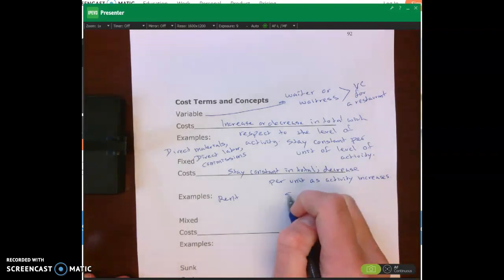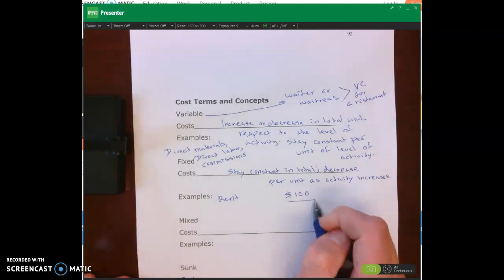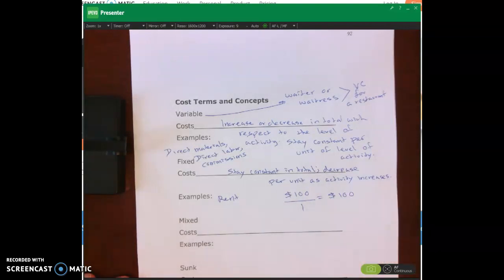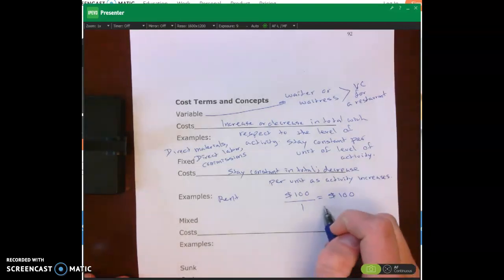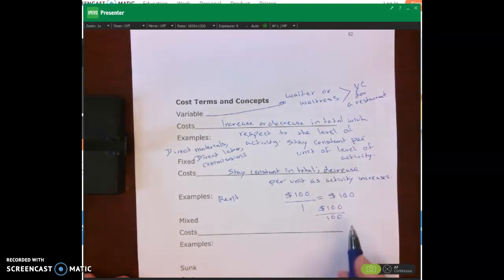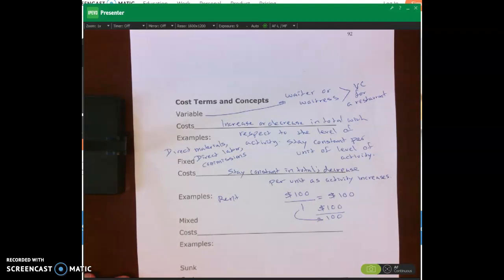But let's say that they have $100 in rent. And let's say that they have one customer. What is rent per customer? It's $100. What happens when they move from one customer to 100 customers? What happens to rent per customer? It decreases, right? I have one customer here, and then I move to 100 customers. My fixed costs, my rent, stay the same, so my numerator stays the same, but my denominator, which is the level of activity, that increases.